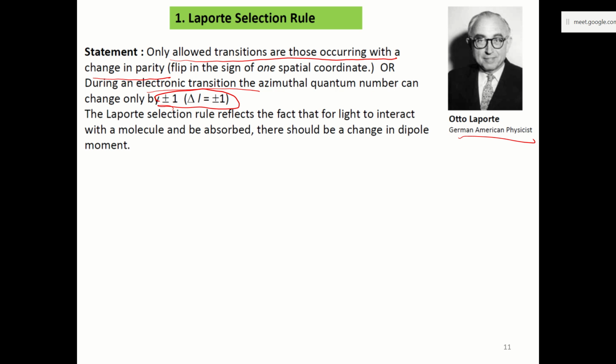So there must be a change in dipole moment when the photon is absorbed. Only then there will be interaction with the electric field vector of the light wave, and the photon is absorbed.